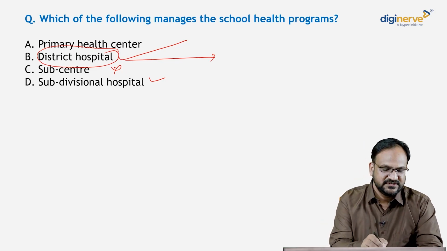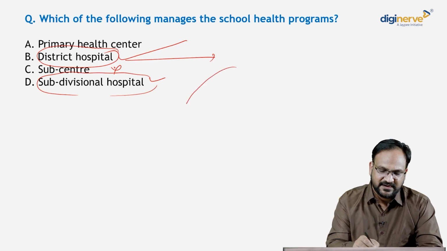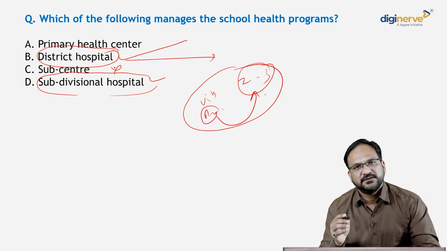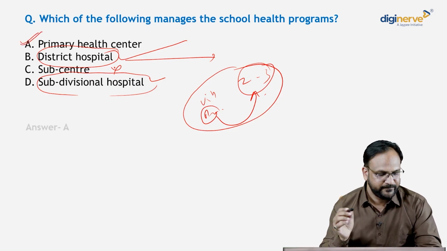So district and sub-district hospitals cannot manage the school health program. A primary health center can manage the school health program, because in a village, if there is a PHC, there might be 2 or 3 schools. Each PHC can manage the school health program. So answer will be, I think, A.